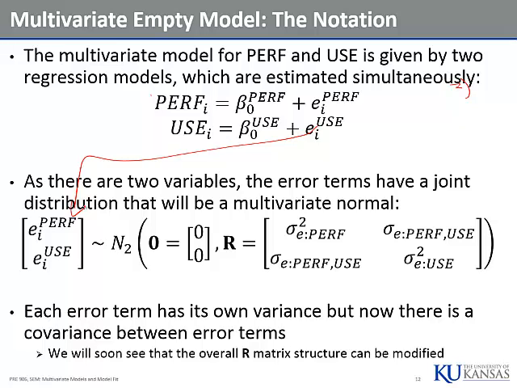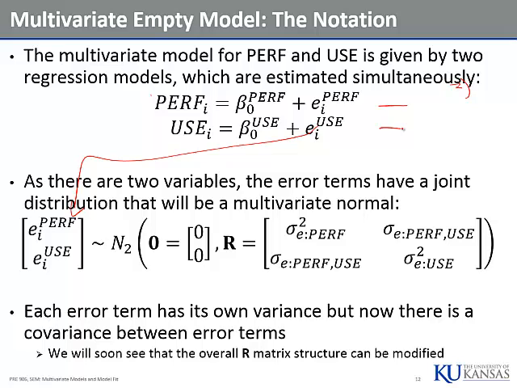It's a column: 2 rows, 1 column. That vector follows a normal distribution, and sometimes I put the number of dimensions, so N2 represents a bivariate normal, or a multivariate normal with 2 variables in it. So now we're saying error follows a multivariate normal distribution. We have more than one error.